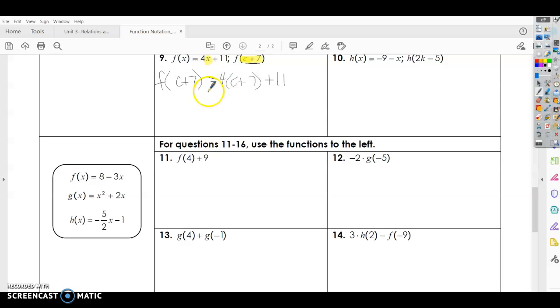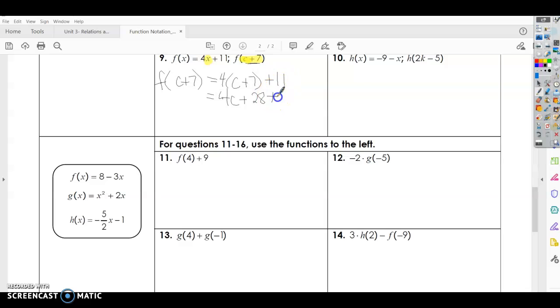Now you have to evaluate. We still have a variable, so we can't get rid of everything and just get a number like we did before, but we can still simplify this. So I'm going to go ahead and rewrite that. Again, I apologize for my handwriting on the computer. The first thing we're going to do is distribute. So you got 4 times c, and you have 4 times 7.